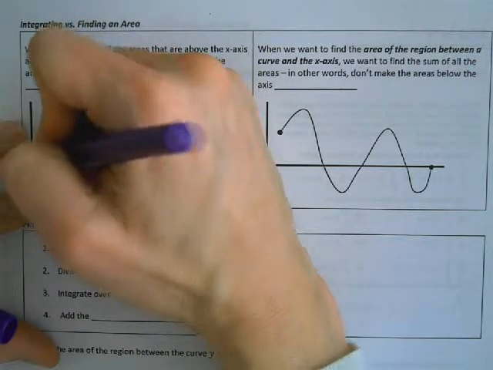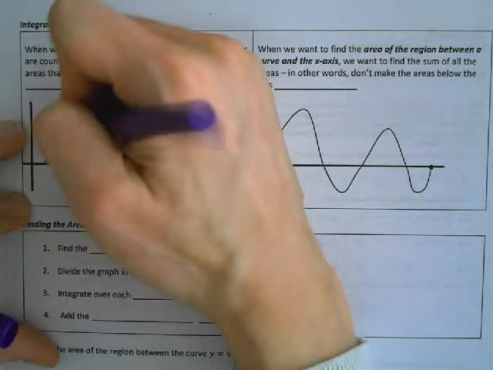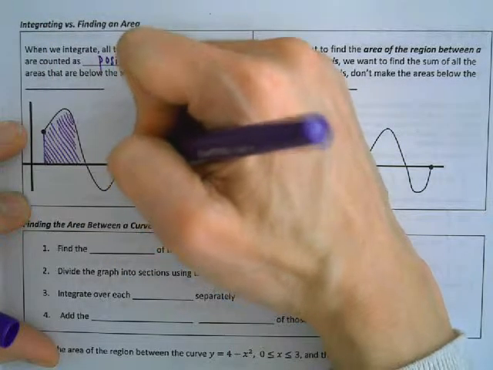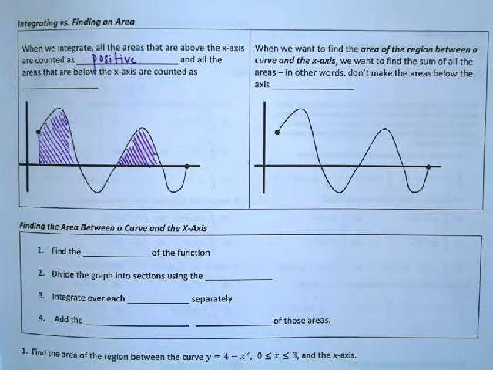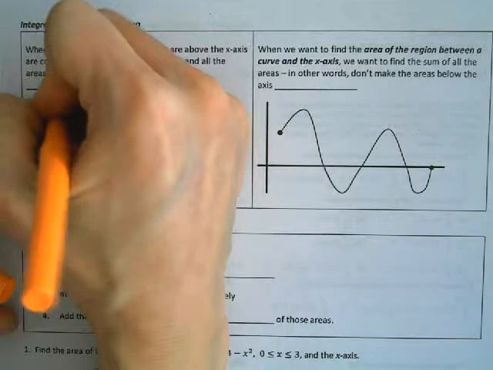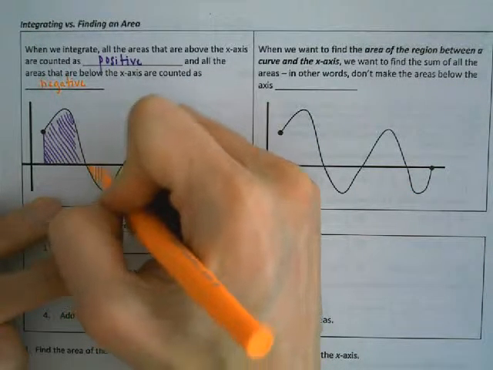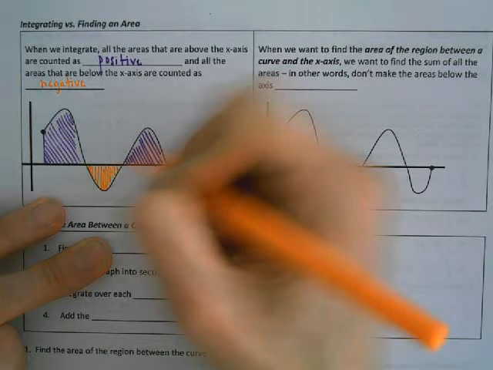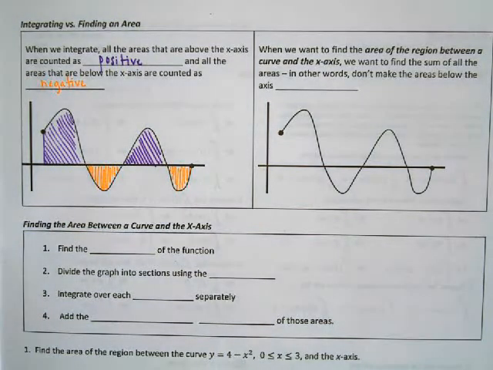So here, if I'm integrating, I'm going to have a positive area under this portion of the curve and under this portion of the curve. And then all the areas that are below the x-axis are counted as negative. So when we integrate, essentially what we're doing is adding up the purple and subtracting all of the orange.